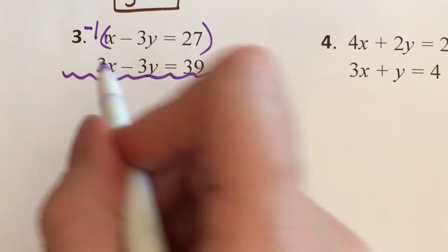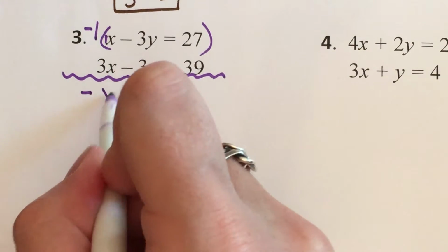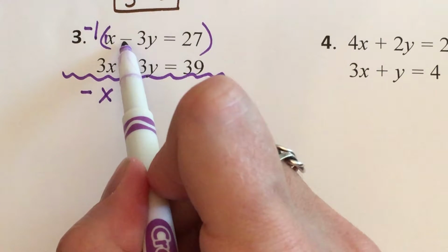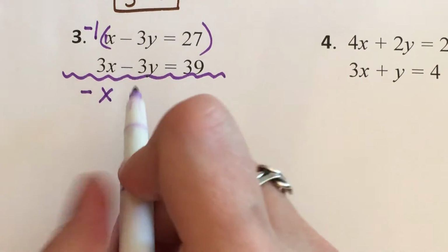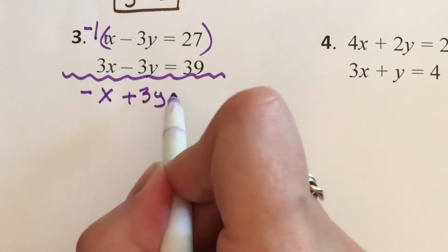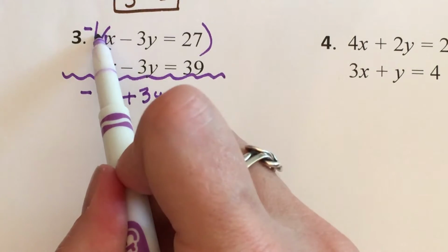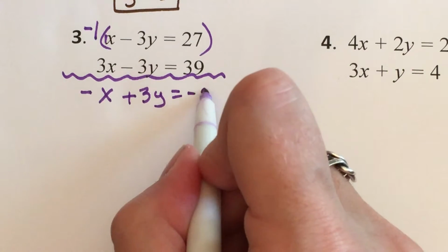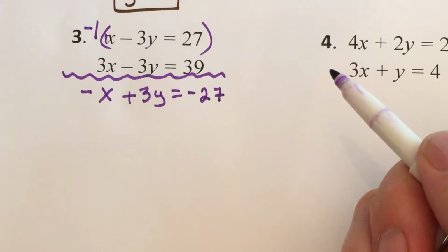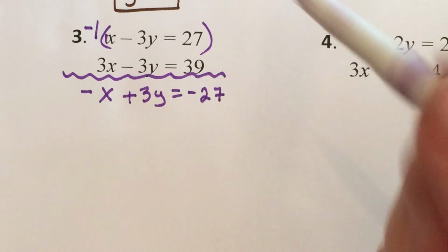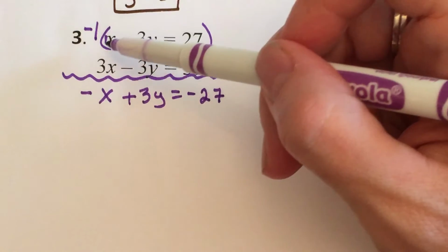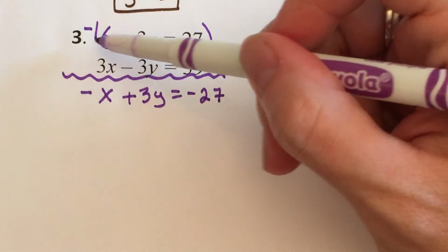Negative times a positive is a negative x. A negative times a negative is a positive 3y. A negative times a positive is a negative 27. Okay, so I have distributed this negative 1 through my entire top equation.